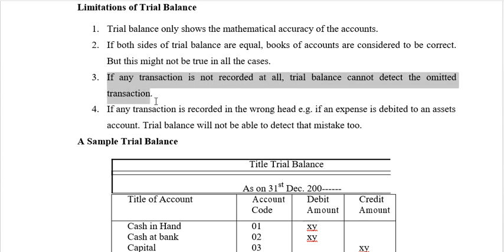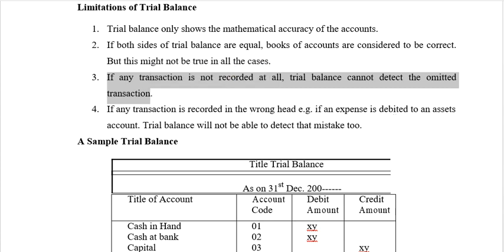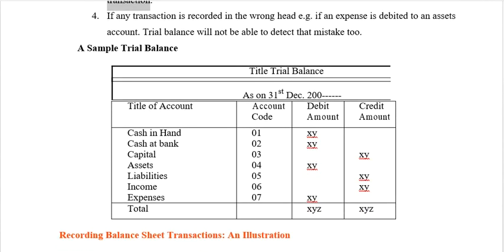The trial balance only checks mathematical accuracy of the debit and credit accounts. If they are balancing, that's fine. If not, then you need to revise and recalculate your ledger.